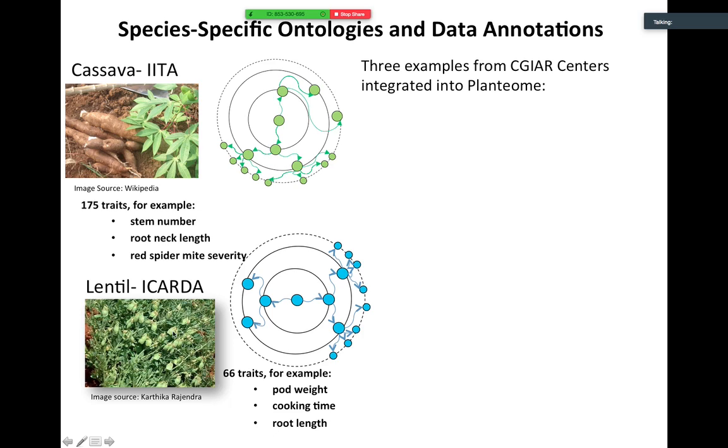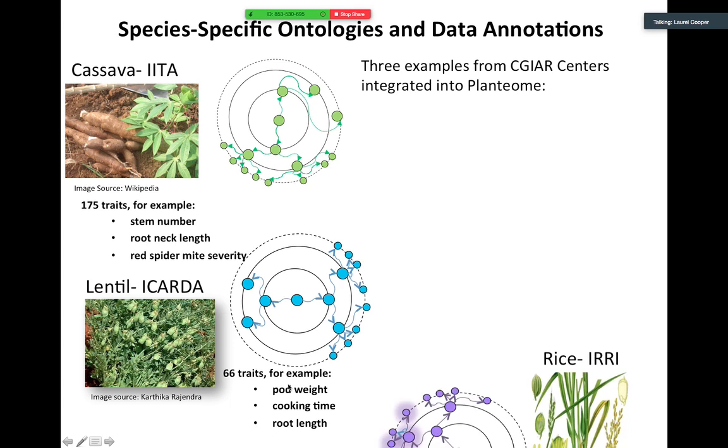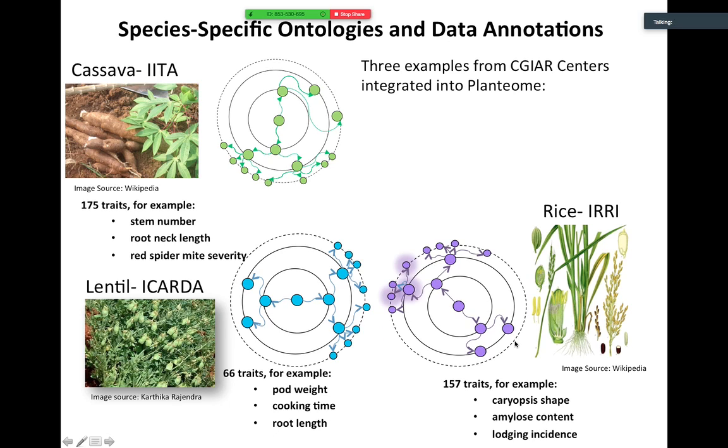We had a curator come from ICARDA who works on lentil, and so we have a selection of lentil traits as well. And as well, we have a fairly large number of traits from the IRRI rice breeding collection, which are specific to rice.